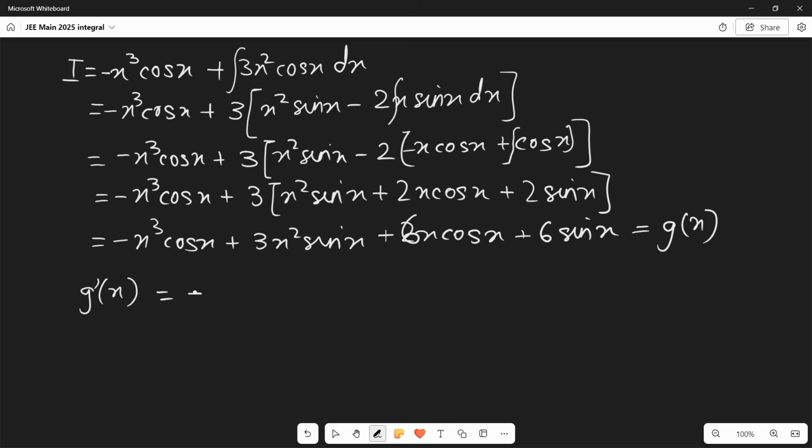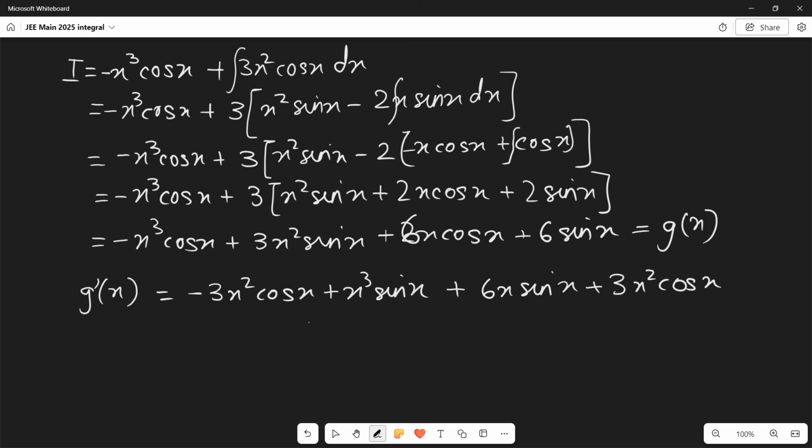So it will become minus 3x squared cos x, then plus x cubed sin x, plus 6x sin x, and plus 3x squared cos x, plus 6 cos x minus 6x sin x and plus 6 cos x.